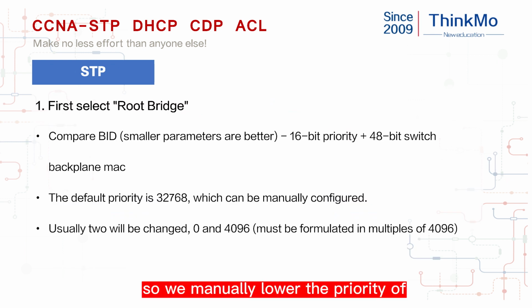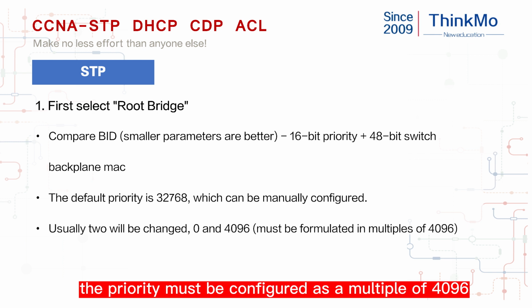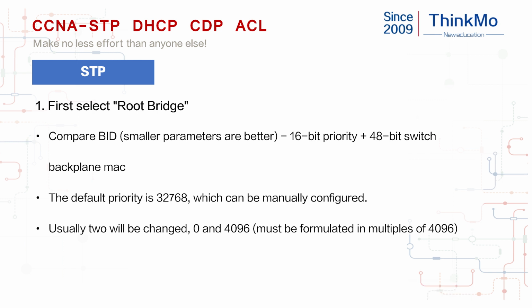So we manually lower the priority of the device we want to be the root bridge. The root bridge can be specified as 0. In the whole environment, we usually set one device to 0 and another to 4096. You may find it strange, but the priority must be configured as a multiple of 4096.